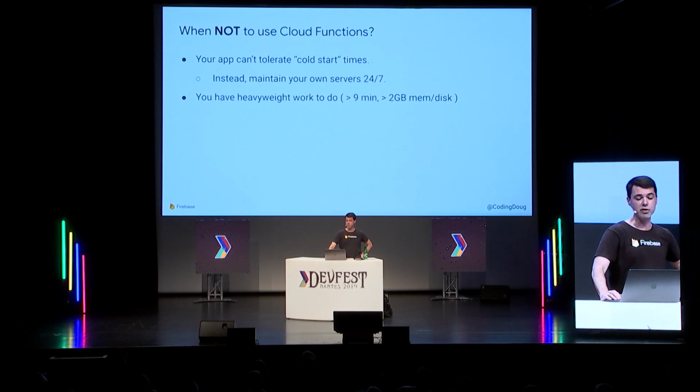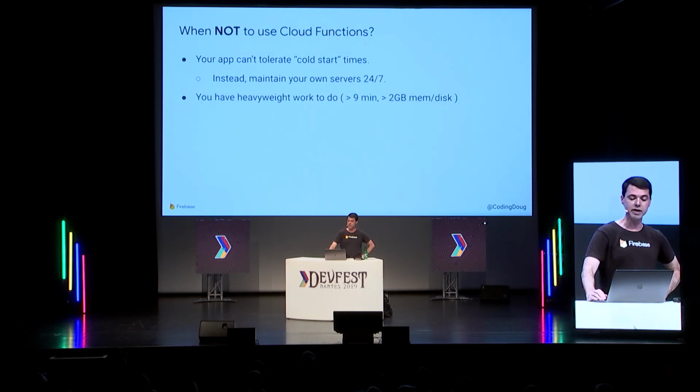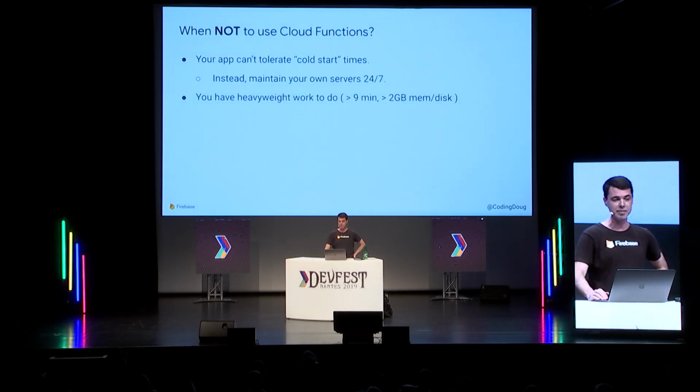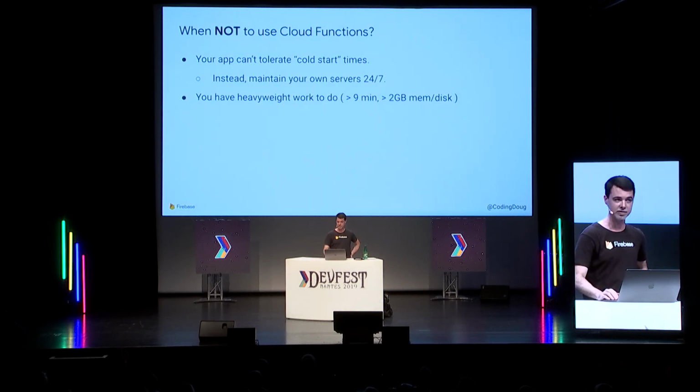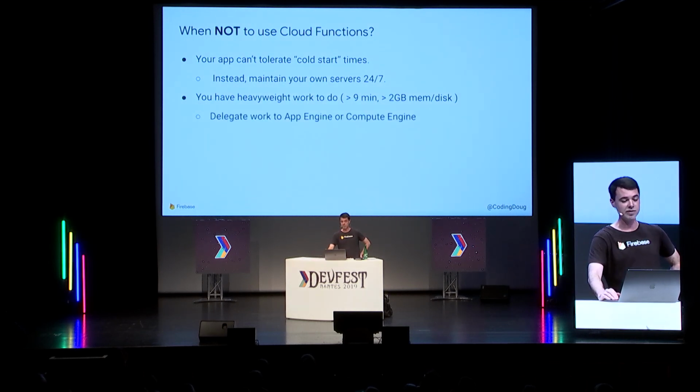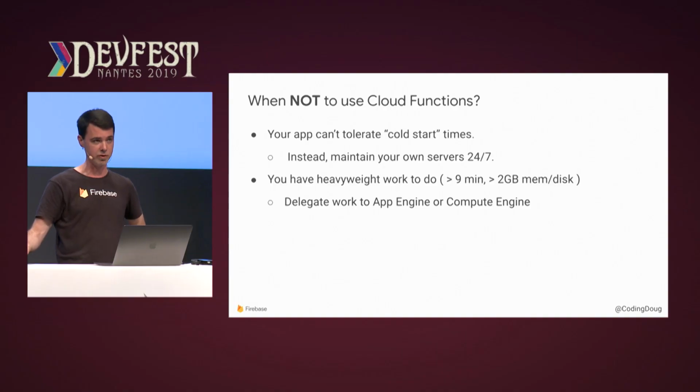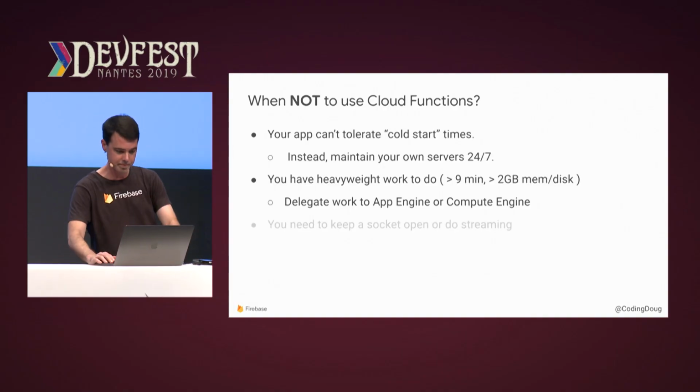Cloud Functions are not good for very heavyweight work. There is a 9-minute configurable limit to functions. If you can't get your work done in 9 minutes, the work will be canceled. If you can't do it with under 2 gigabytes of memory, also Cloud Functions is not the best choice. In that case, you might have to delegate your work to App Engine or Compute Engine, where you have more flexibility.